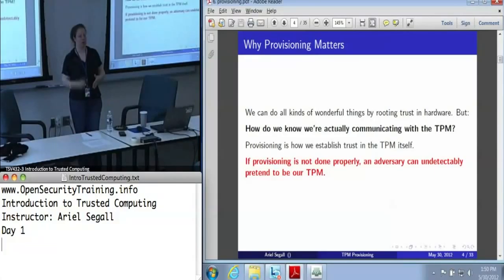If we don't do provisioning right, it doesn't matter how well we do everything afterwards, because we might not be talking to a TPM, we might be talking to some malware that is very good at pretending to be a TPM and is really running somewhere else. Provisioning matters.